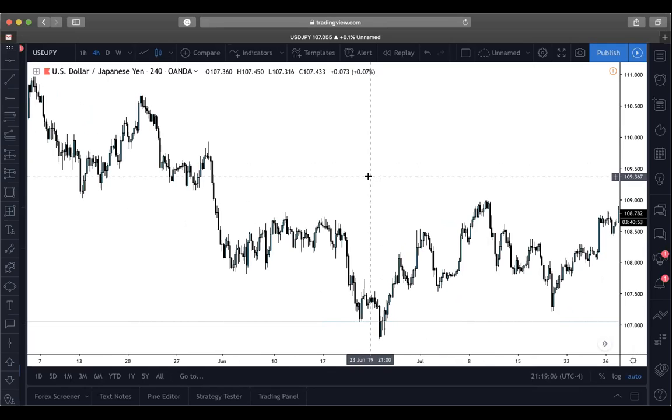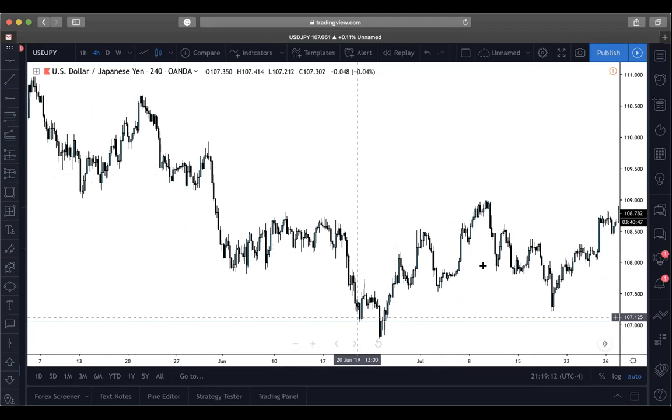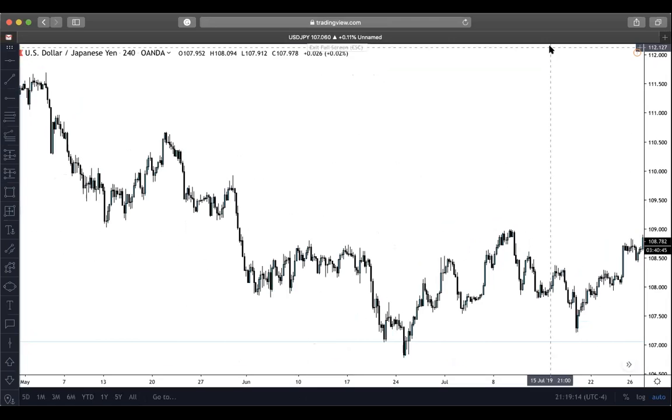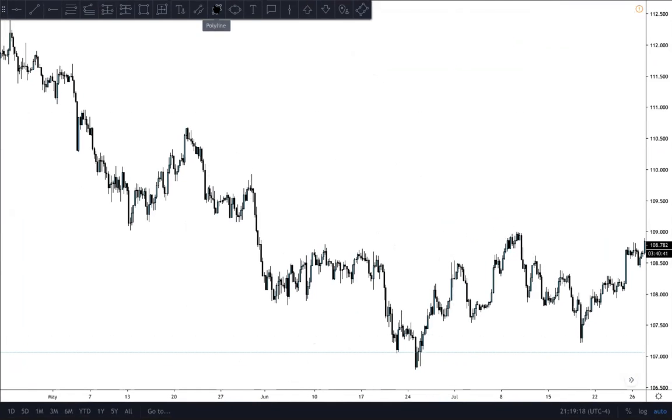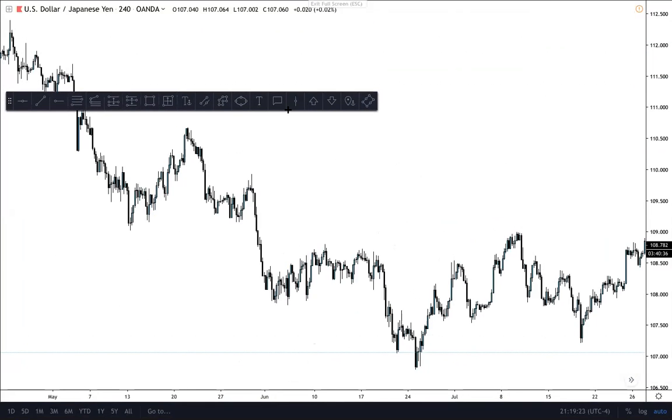So first things first, right? You gotta understand this. The market literally could only move in 3 directions, right? Very simple.